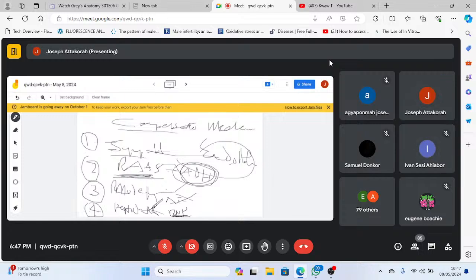One is causing fluid buildup, and the other is clearing it from the system. So what do you see?